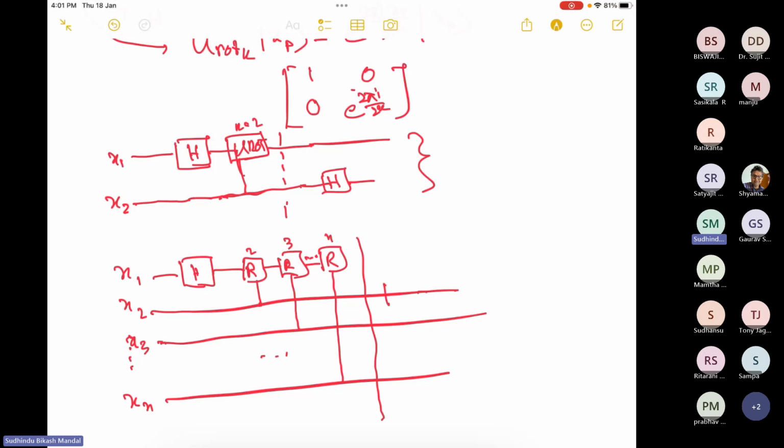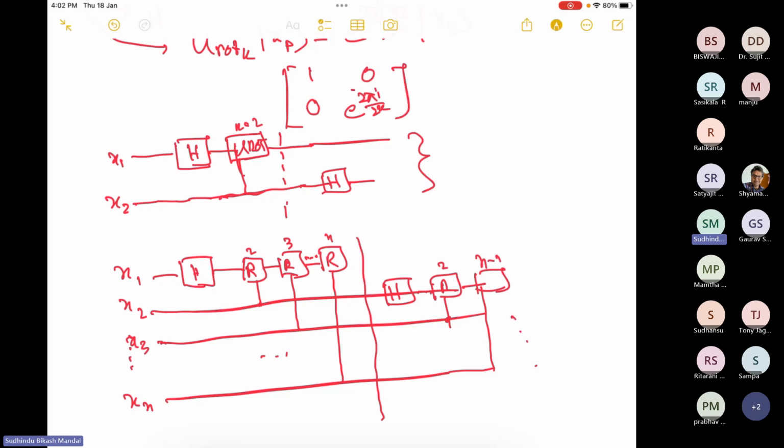And again we have to start for the case of the second qubit, and you have to give again a controlled rotation. It comes from n minus 1, so it will be again 2, and here the rotation will be n minus 1.